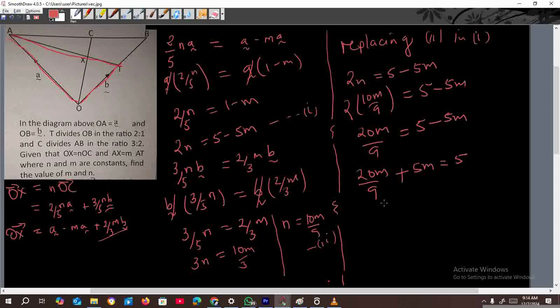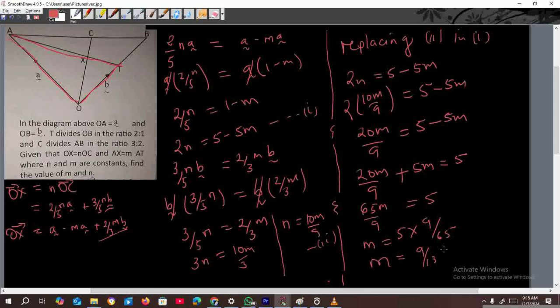From a calculator, 20 over 9 M plus 5M, this will be 65M over 9. This will be the same as 5. Multiply through by the reciprocal, this will give us M be the same as 5 times 9 over 65, and this will give us M will be the same as 9 over 13.